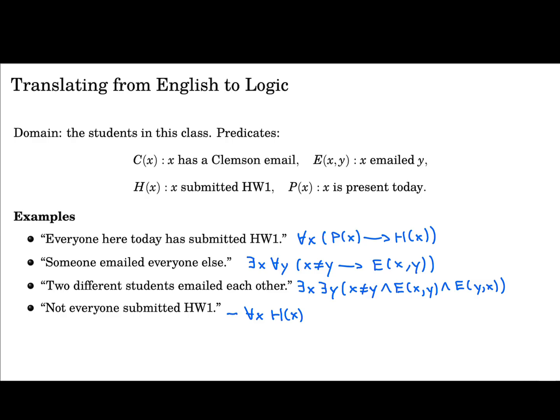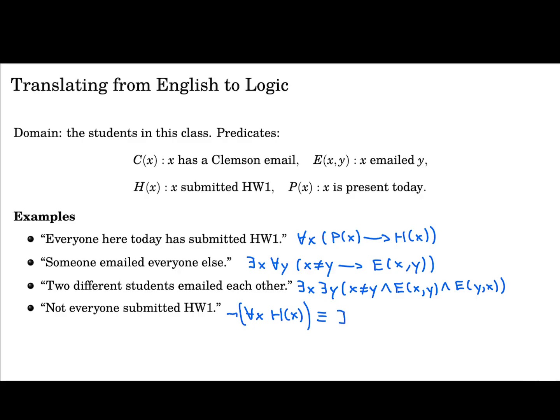So then I can just say not this. So not for every X, H of X, right? So not for every X, it is the case that they submitted the homework. Now, another equivalent way to do this is to say that, well, if not everyone submitted homework 1, then there exists someone who did not submit homework 1.